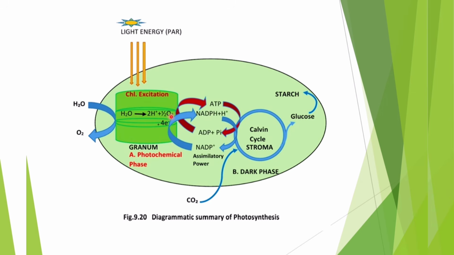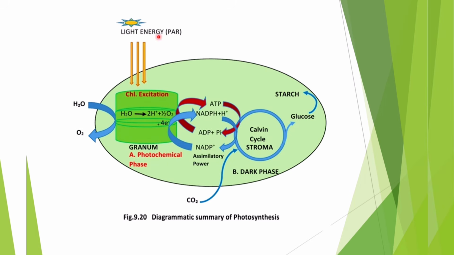But what will be the outcome of it? One is the oxygen, which is given as a byproduct. Other are the electrons and the protons, and also there will be reduction of NADP and ADP into ATP and NADPH plus H. So that means assimilatory power will also be produced by these reactions.